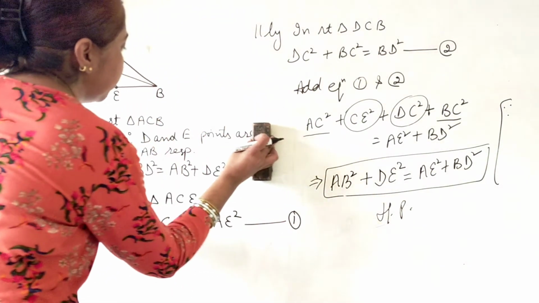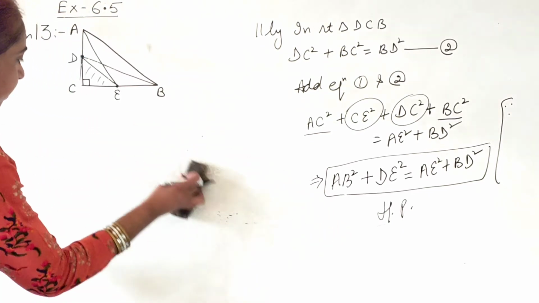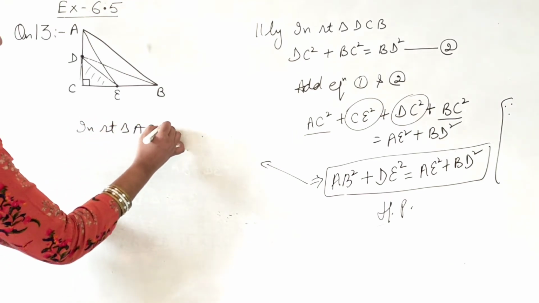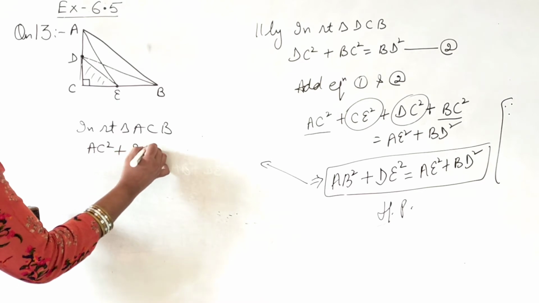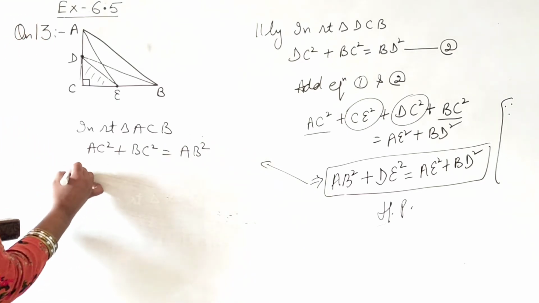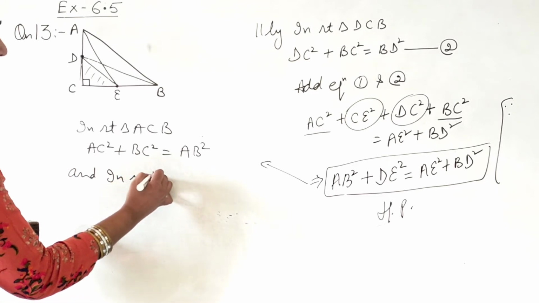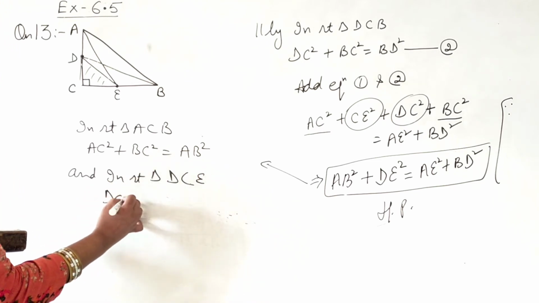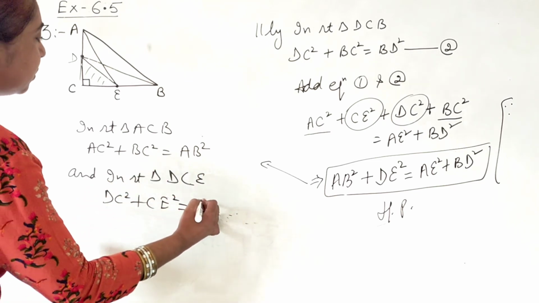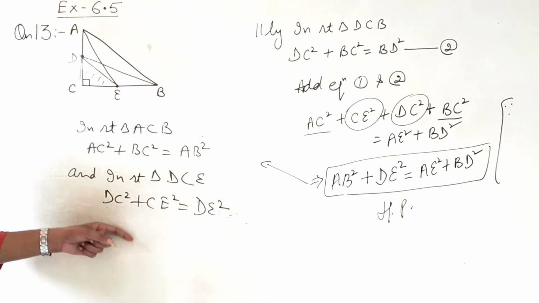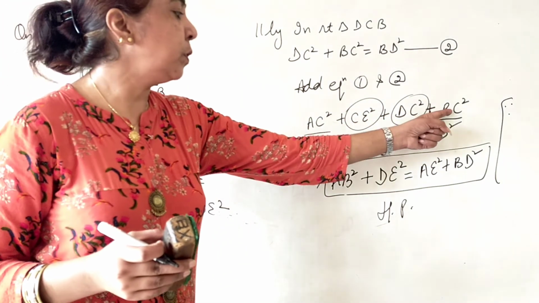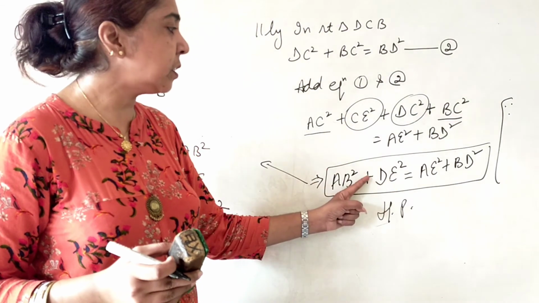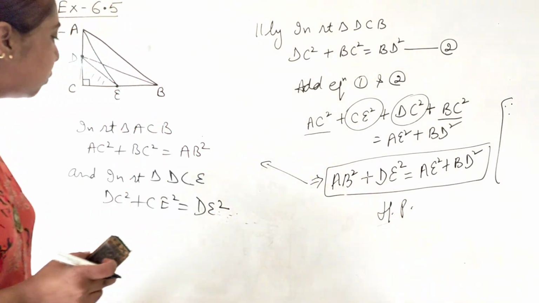In right triangle ACB, AC square plus BC square equals AB square, and in right triangle DCE, DC square plus CE square is equal to DE square. So AC square plus BC square I have put as AB square, and DC square plus CE square I put as DE square. So this is all about our result. This we have to prove.